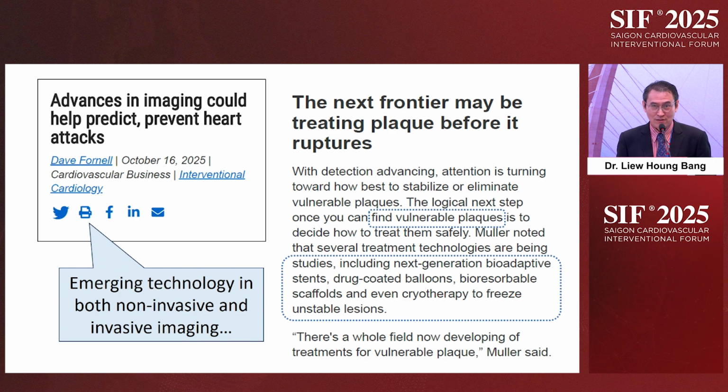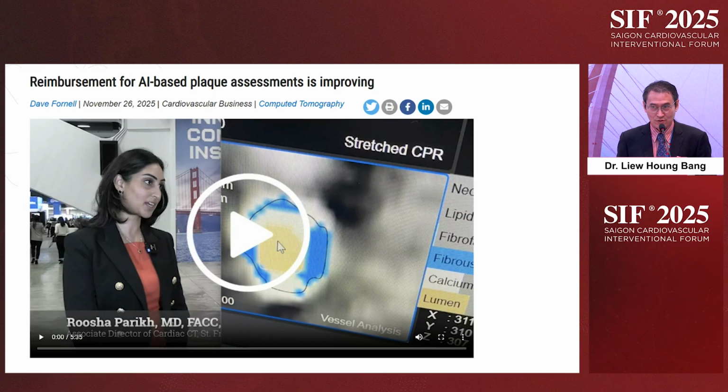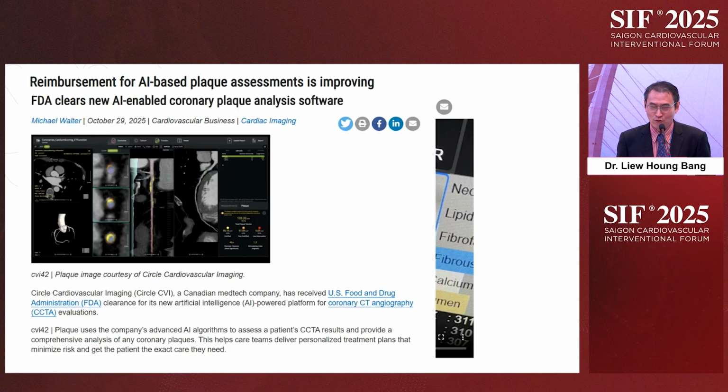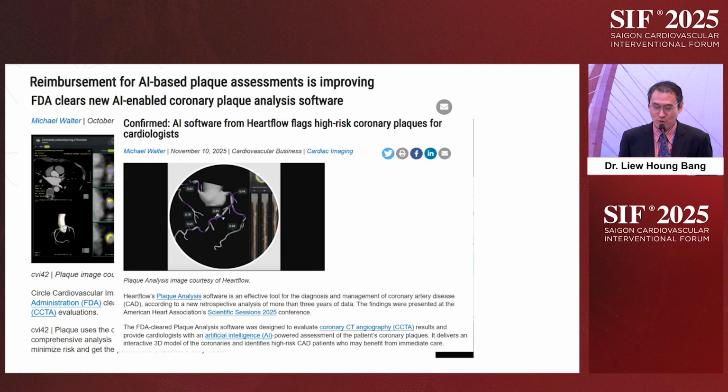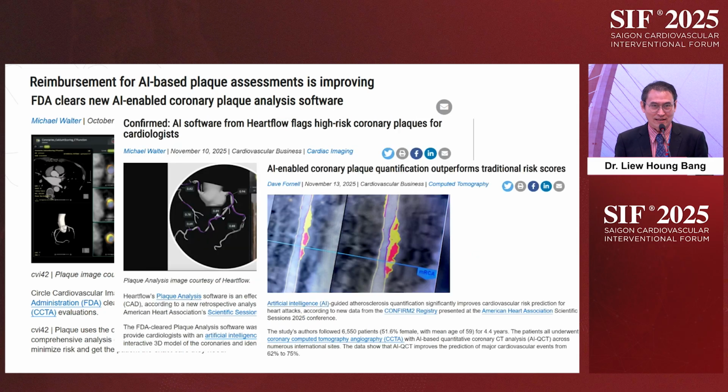So the combination of this technology, the imaging and the intervention, hopefully will change the natural history of our patients. These technologies are coming, AI-based CT. If you look at the literature in the last month, very exciting. FDA has cleared another new AI-enabled coronary plaque analysis software in CT. And there are more to come, getting more and more exciting.